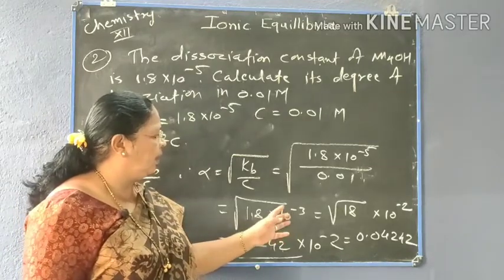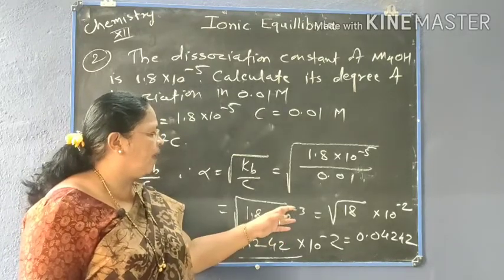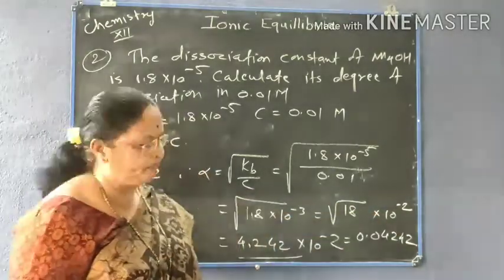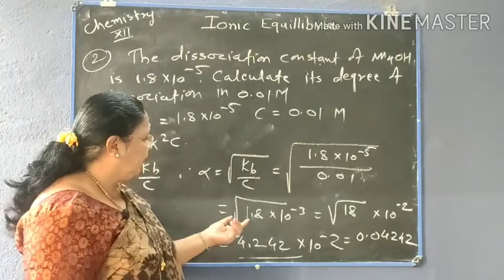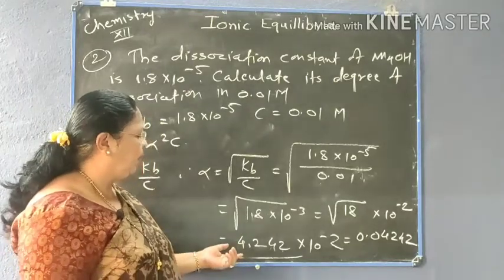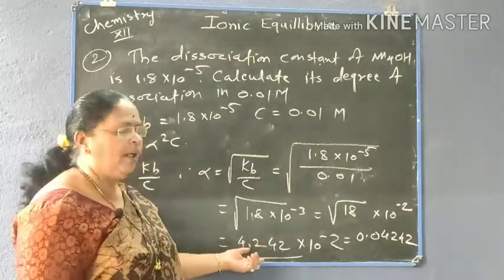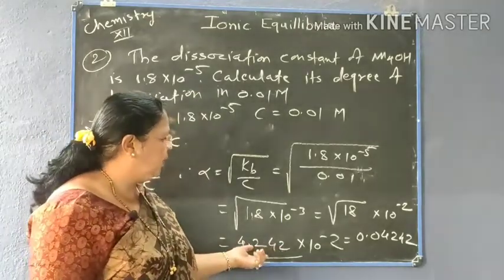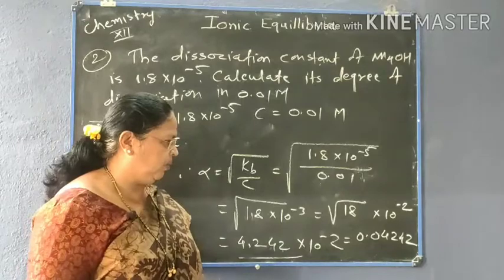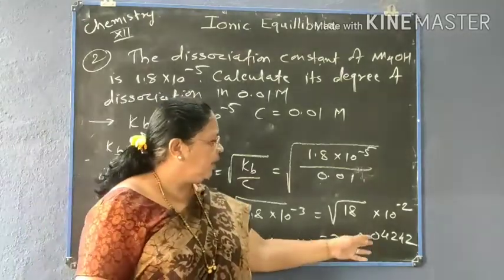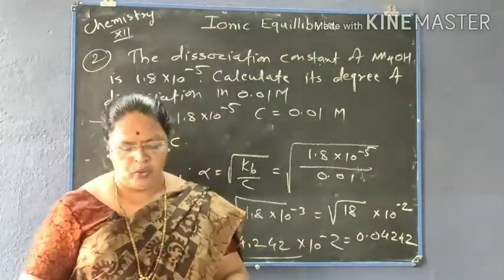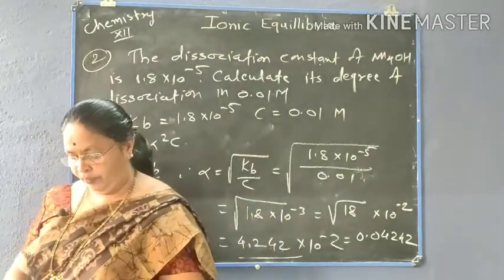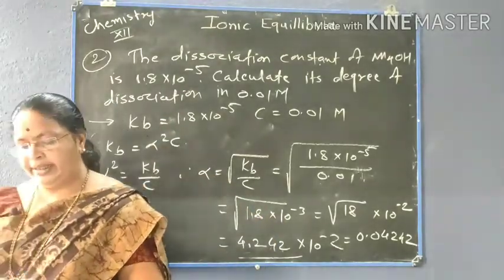Taking the square root of 10 raised to minus 4, that is 10 raised to minus 2. Square root of 18 is nothing but 4.242. By seeing the logarithm table you will get this value into 10 raised to minus 2, and the value is written as 0.04242. Again we will see the next example.